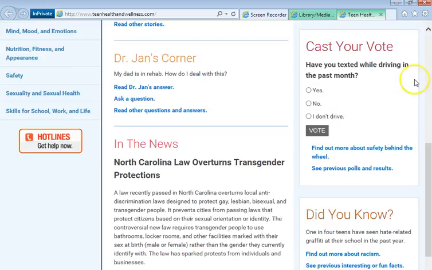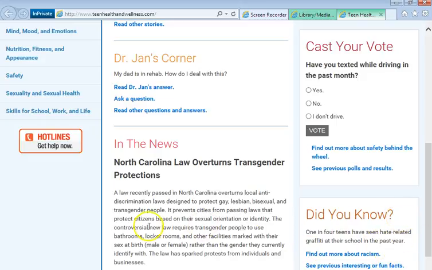You also have an opportunity to cast your vote on the topic of interest that they have listed off to your right. Or if you'd like, you can read up on things that are current and in the news, as well as find out something that you may or may not have known in the Did You Know section.